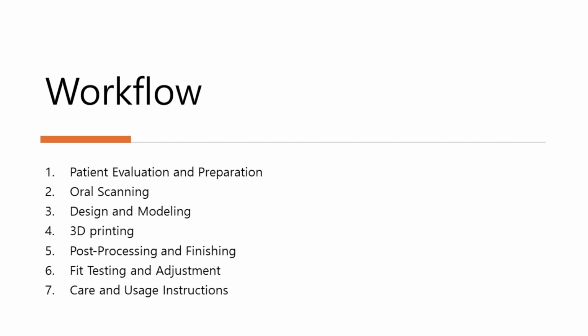3. Design and modeling. Based on the scan data, use CAD, computer-aided design, software to create a design for the occlusal splint tailored to the individual patient. This step involves determining the shape and size of the splint to provide optimal fit and functionality considering the patient's oral structure and needs. 4. 3D printing.